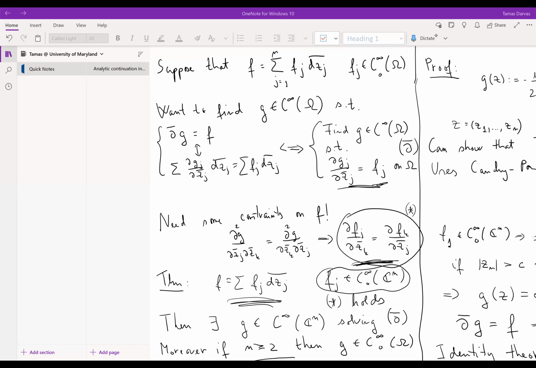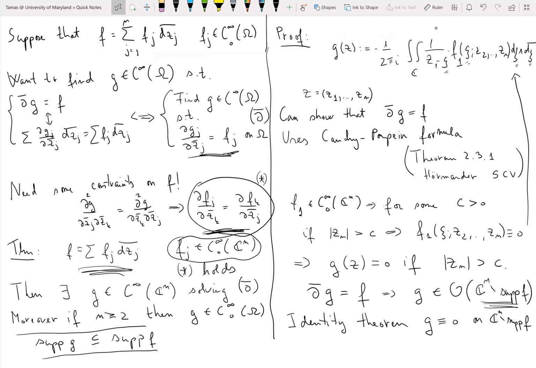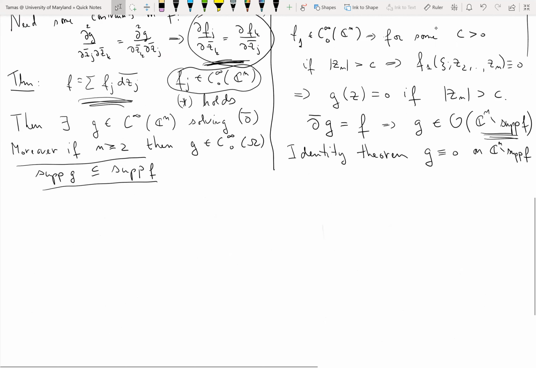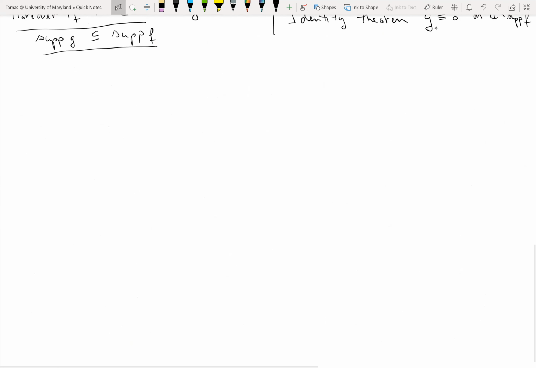All right, so with this result proved, let's get back to the Hartogs theorem and see how the solution of the Delbar problem with compactly supported solution helps with holomorphic extension.